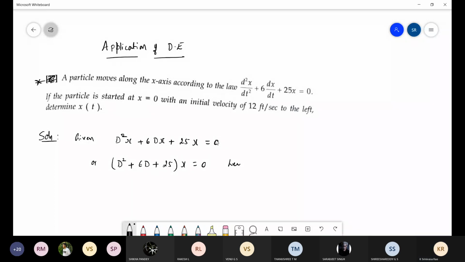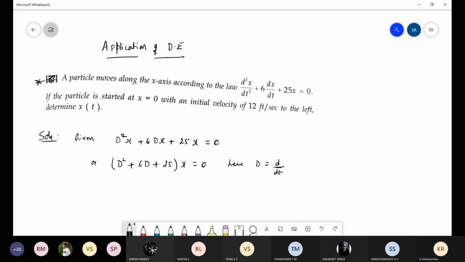Here capital D stands for d by dt, in terms of t, not d by dx like the dy by dx we were using before.